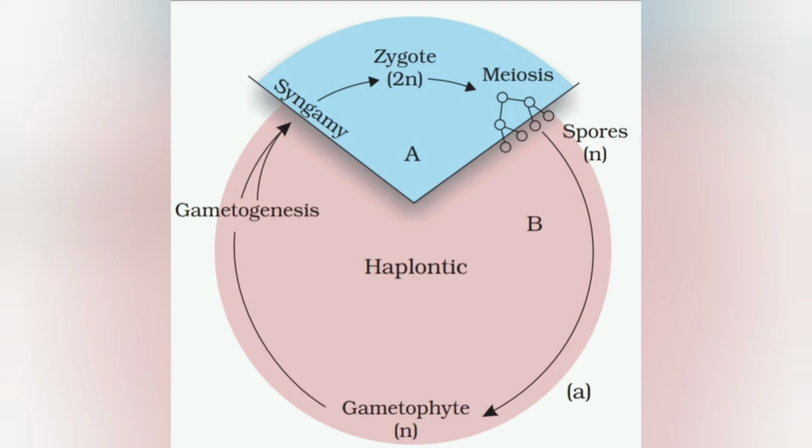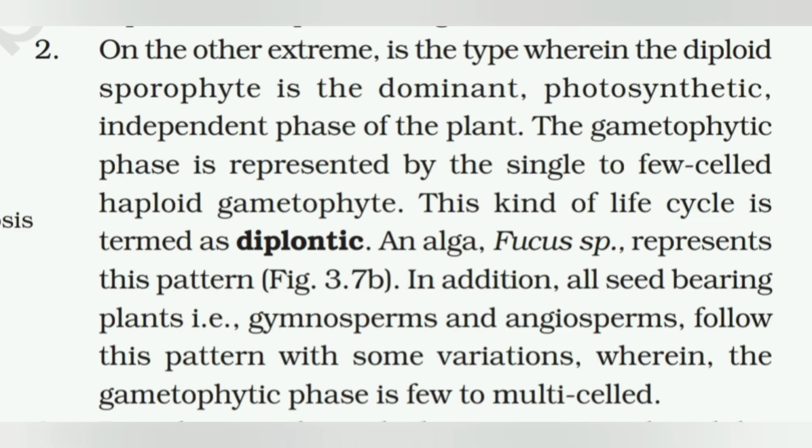The next type of life cycle is the diplontic life cycle. It is the type wherein the diploid sporophyte is the dominant, photosynthetic and independent phase of life. The gametophytic phase is represented by the single to few celled haploid gametophytes. This kind of life cycle is termed diplontic. The alga Fucus represents this pattern.